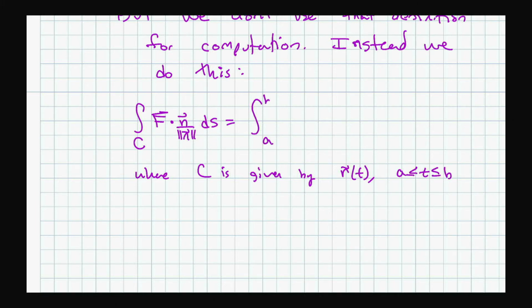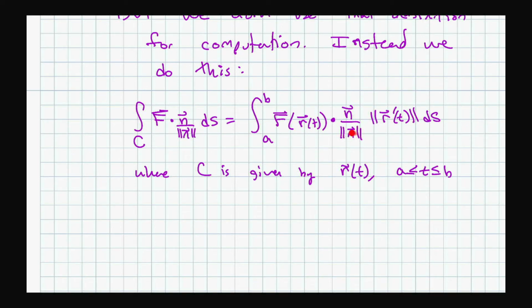Then you're going to integrate from a to b. You're going to have to plug in your parameterization for r. You've got your normal vector, which is n over magnitude n, but then your ds is still the same ds as before. Now, here's the thing though.